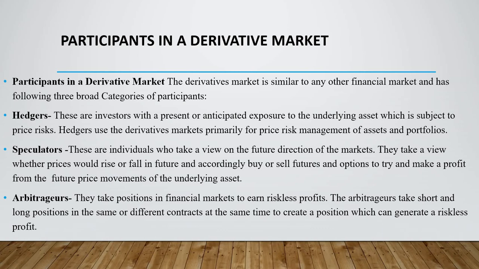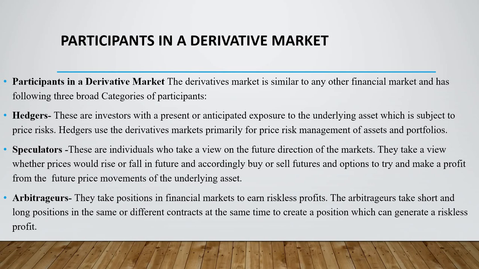Second one is speculators. These are individuals who take a view on the future direction of the market. They take a view whether prices would rise or fall in the future. Accordingly, they buy or sell futures and options and try to make a profit from the future price movement of the underlying asset. स्पेक्युलेटर्स फ्यूचर ओरिएंटेड होते हैं, राइट? So they study or assume the direction, whether the prices of shares are going to increase or decrease in the future.